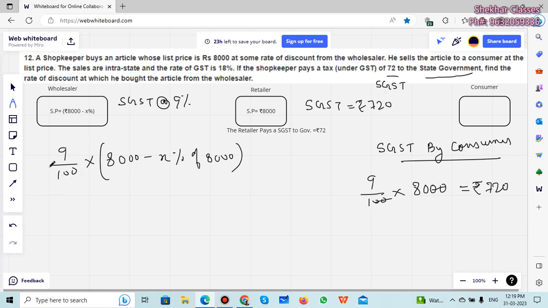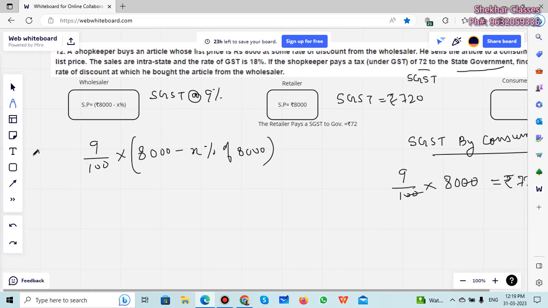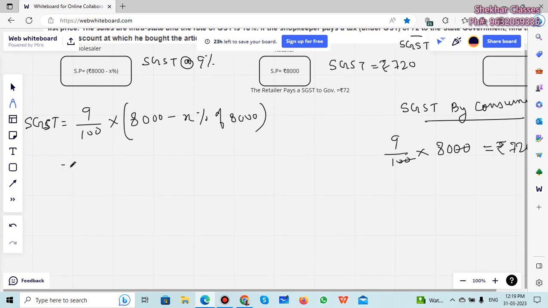So this is the SGST here, right? Now let's calculate this. It will be how much? 9 upon 100 into, in bracket, 8,000 minus X percent of 8,000.